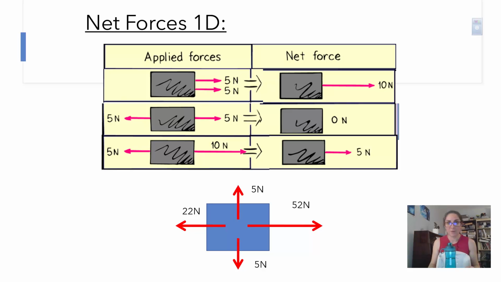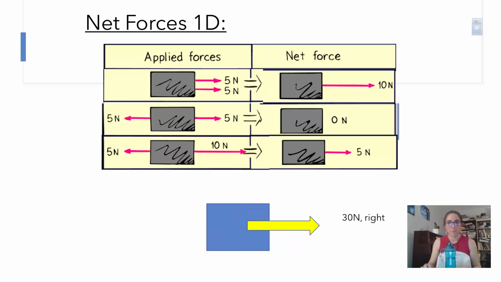What if I have up and down and right and left? So notice that you could have multiple forces, but we still can do a net force. Ups cancel, the down, the 5 and the 5 cancel, and the 52 and the 22 all combine to a single force going to the right.